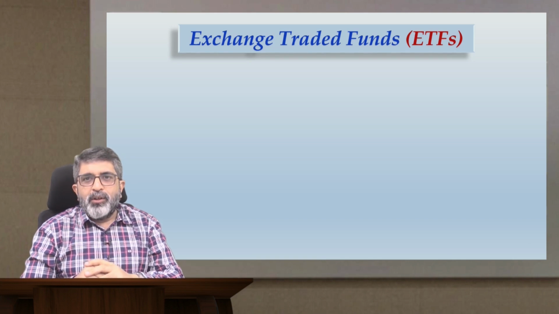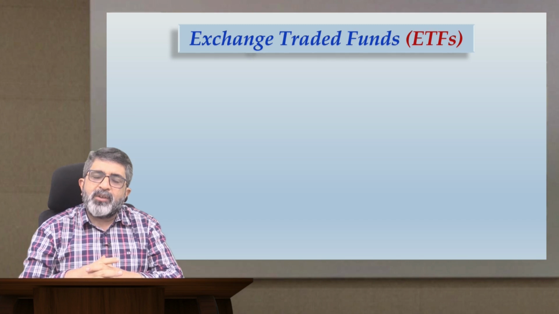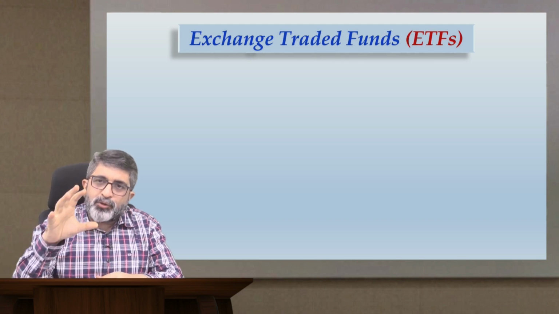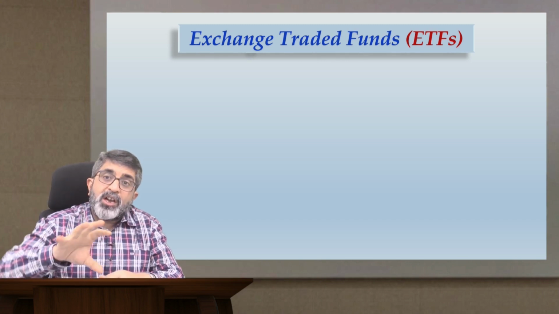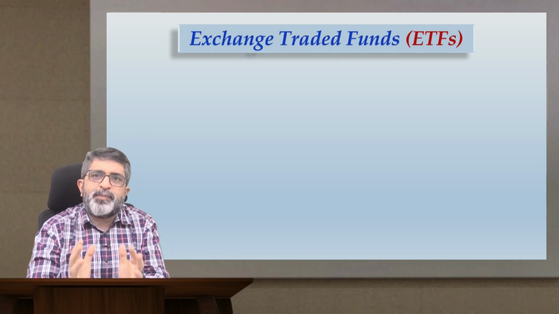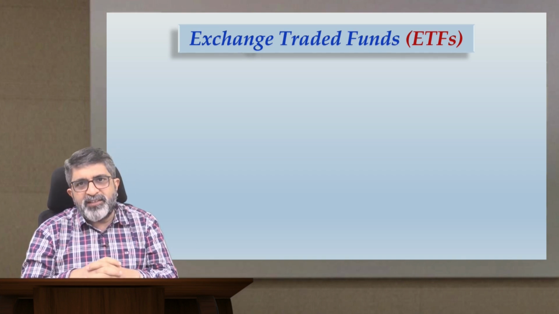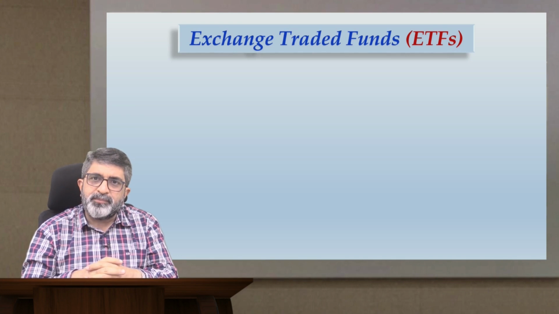Now, our objective of understanding this whole thing in this class is to focus on the creation and redemption process, which is the crucial aspect of exchange traded funds. How does this work exactly? Let us try to crack it.